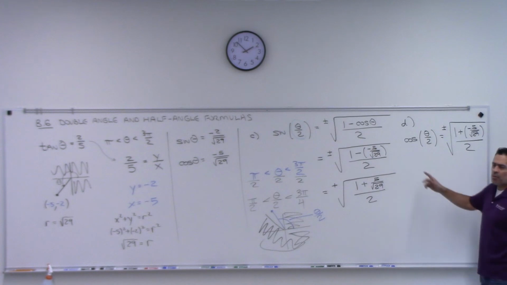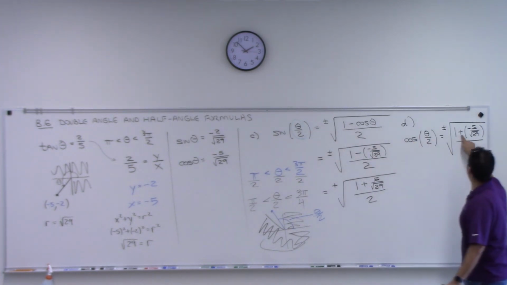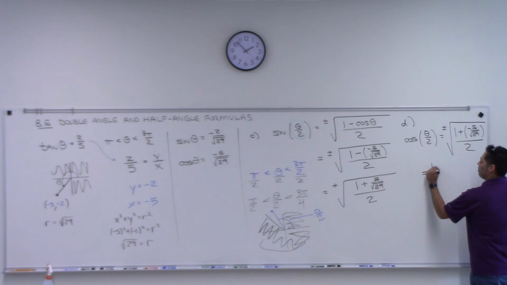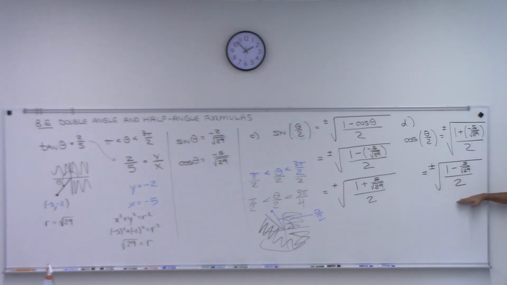So the only difference between the cosine theta over 2 and sine theta over 2 is that it becomes a plus. And so we're adding a negative, right? So it is going to become subtraction in there. So plus or minus square root 1 minus 5 over root 29, then all of that over 2. You can leave that on the exam.